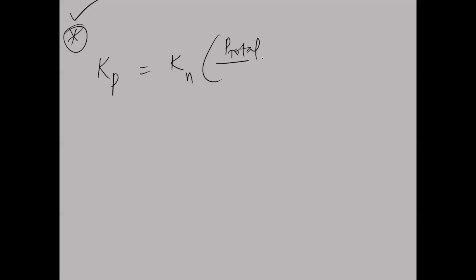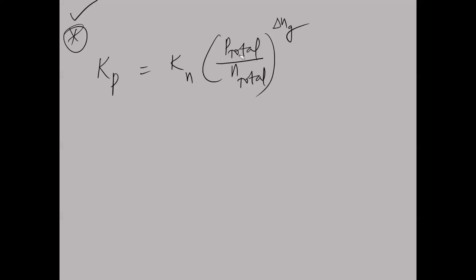Next, another important thing is the relation between Kp and Kn. If you remember this one, it will be easy to calculate any numerical problem faster. So Kp is equal to Kn into total pressure by total number of moles, N total, to the power of delta Ng.